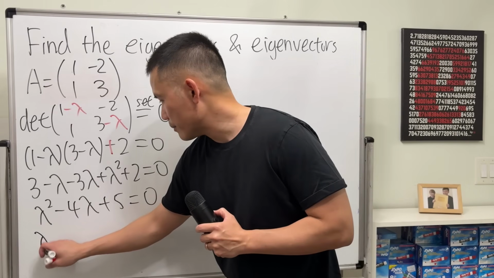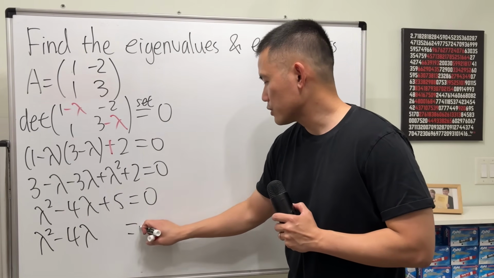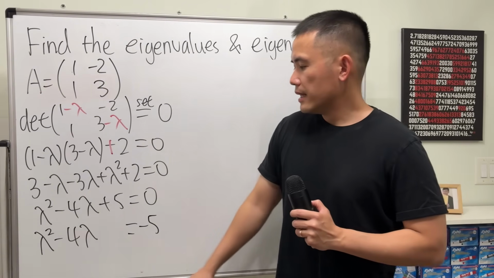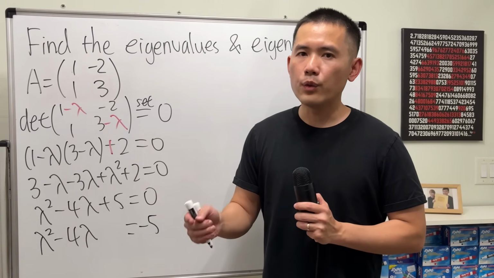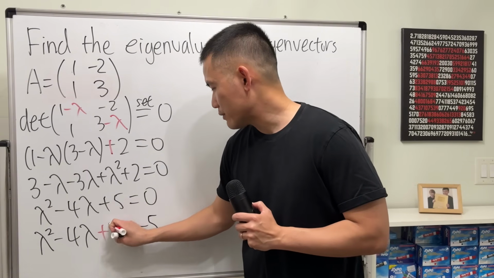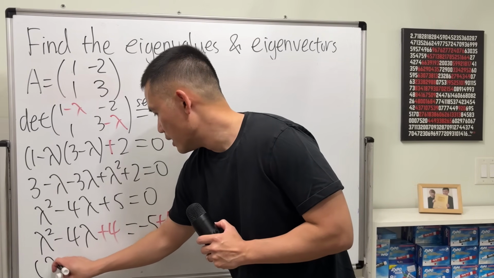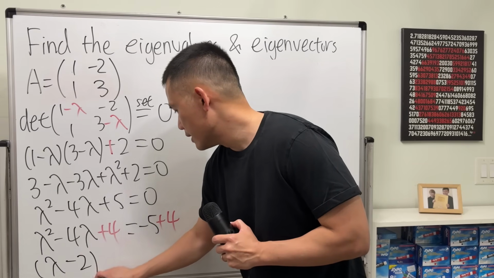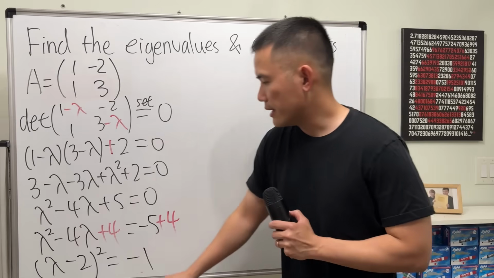So lambda squared minus 4 lambda, move the 5 to here, so it's minus 5. Now take half of this, which we get negative 2, square that, we get positive 4. So we have to add 4 to both sides. And then we can get lambda minus 2 squared equals, this right here is negative 1. And then continue.